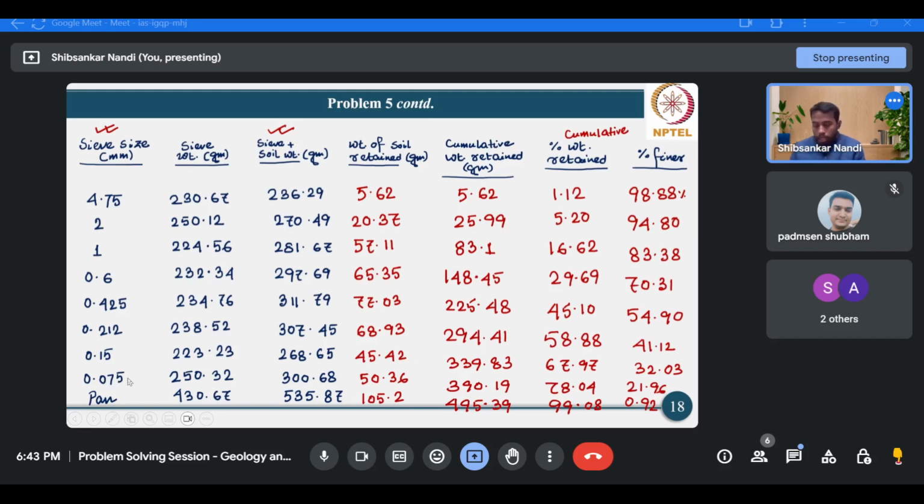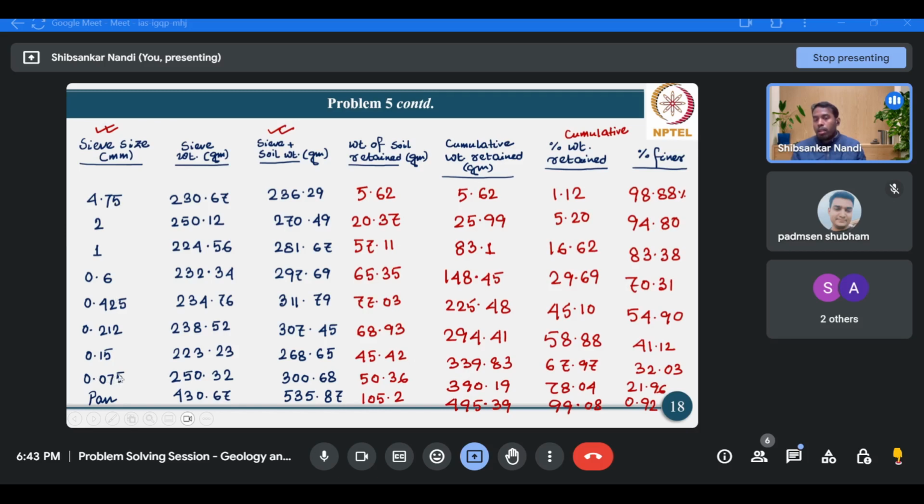Now a soil can have particles ranging from some particle size 4.75, even more than 4.75, to some fraction even lesser than 0.05 mm. But please keep in mind that from the sieve analysis data we can get the distribution of the particle size only within these limits, 4.75 to 0.075.